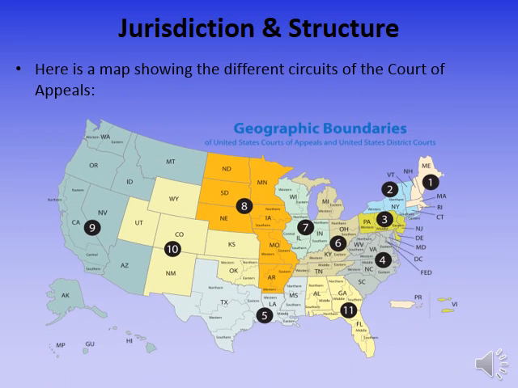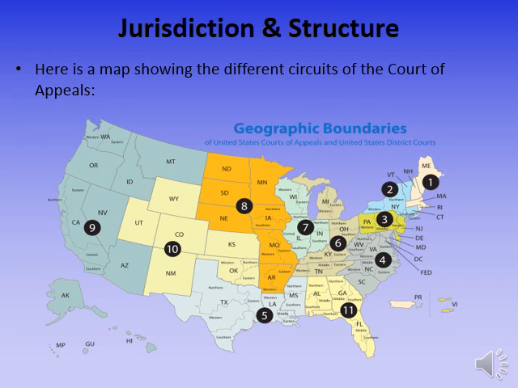So here we have a map showing the different circuits of the Court of Appeals. And if you look, we are in the 8th Circuit of the Court of Appeals in Missouri. And if you look carefully, you can see the boundary between the Western and Eastern districts of Missouri. And there's also Western District and Eastern District of Arkansas as well. And Arkansas, Missouri, Iowa, Nebraska, and those other orange states are handled by the 8th Circuit Court of Appeals, which is headquartered in St. Louis.